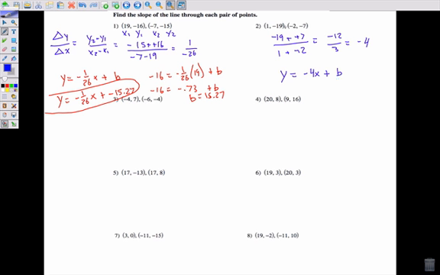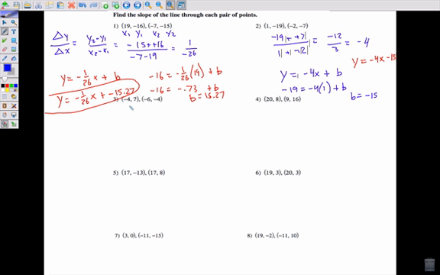I'm going to plug in some values: negative 19 equals negative 4 times 1 plus b. Negative 19 equals negative 4 plus b, so b is going to equal negative 15. Our equation then is y equals negative 4x minus 15, or plus negative 15.